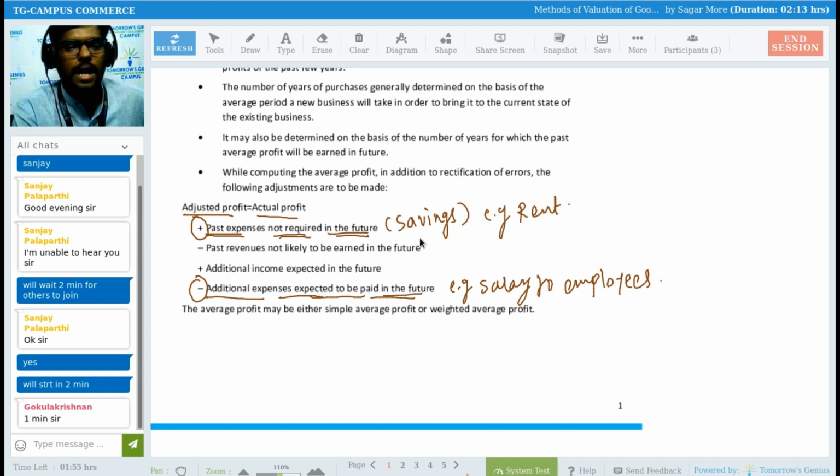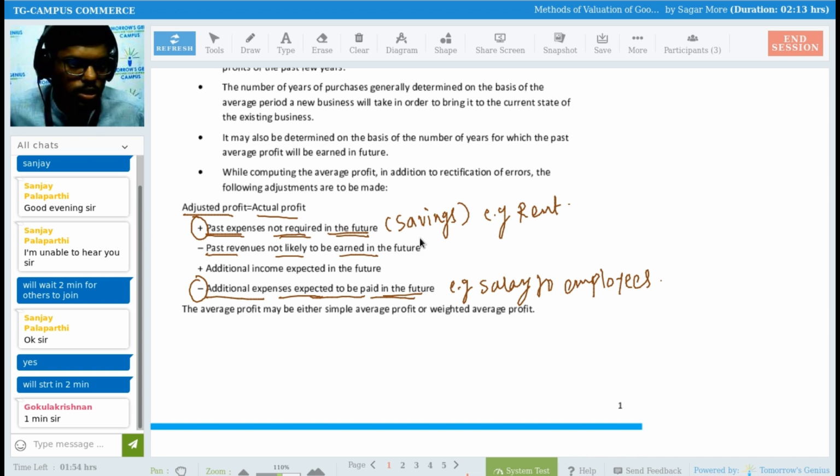Then, past revenues not likely to be earned in future. Sir, in the past, if you were earning some profits, some gains, and those incomes and gains are no longer receivable in future, then it is a loss for you, and that we have to subtract. For example, Sanjay, I was your customer.